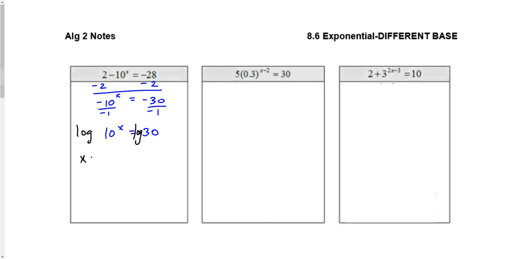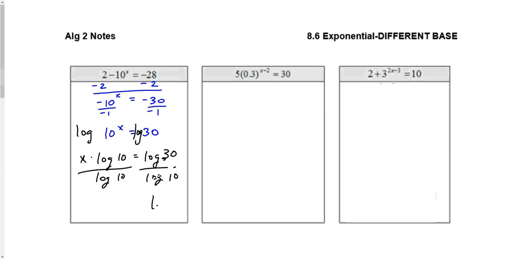So I have x times log of 10 equals log of 30. I could just divide by log of 10, and I could divide this by log of 10. So that's all calculator work again, log 30 divided by log 10.